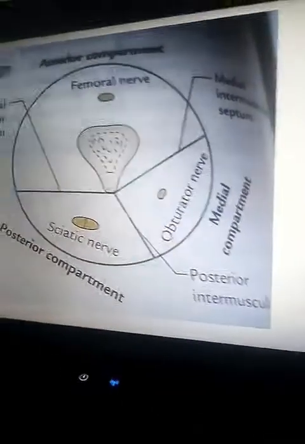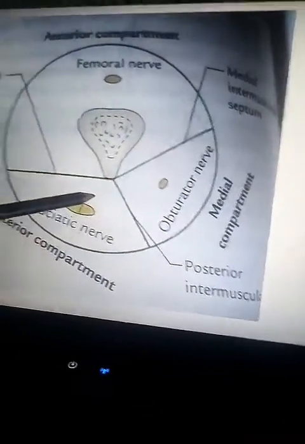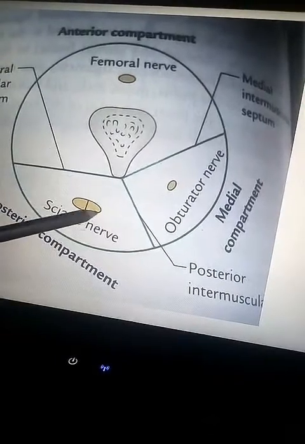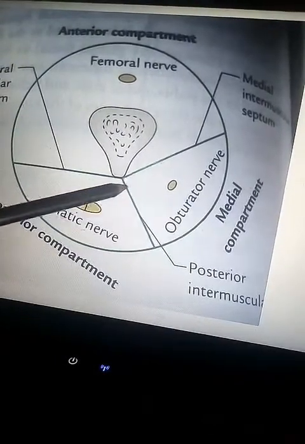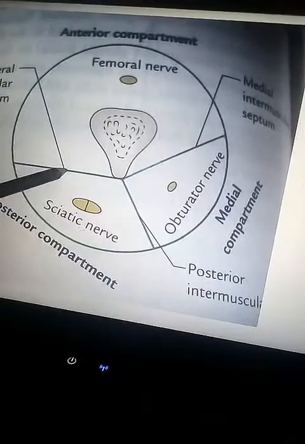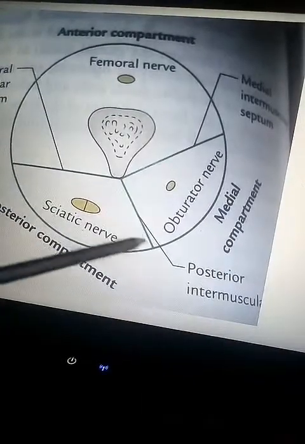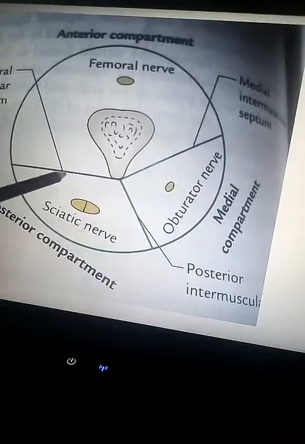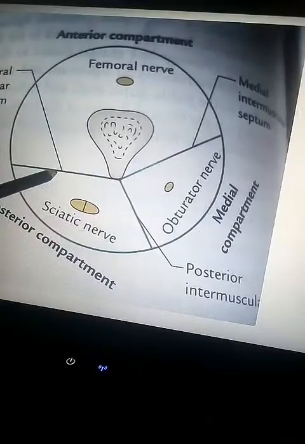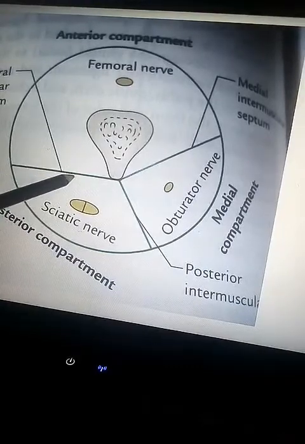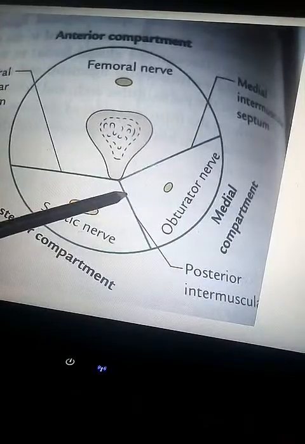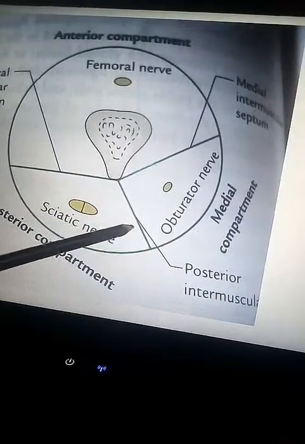Now the posterior compartment of the thigh is also called the flexor compartment. It is completely separated from the anterior compartment by the lateral intermuscular septum, but it is incompletely separated from the medial compartment by the ill-defined posterior intermuscular septum.